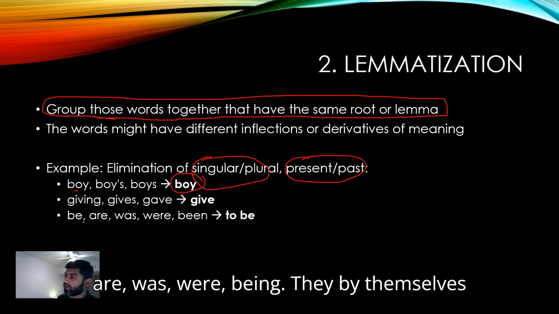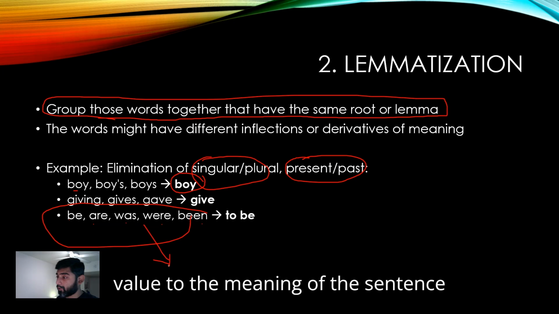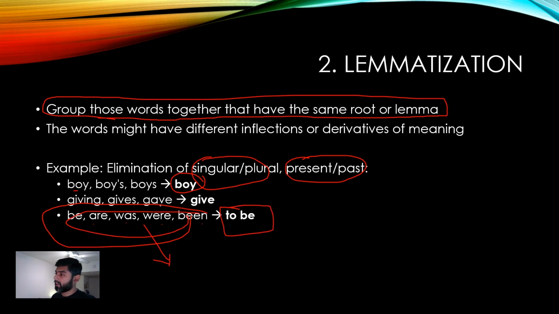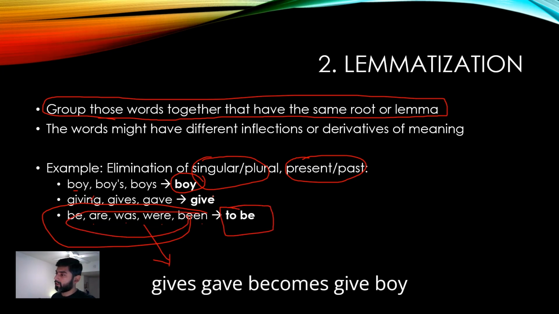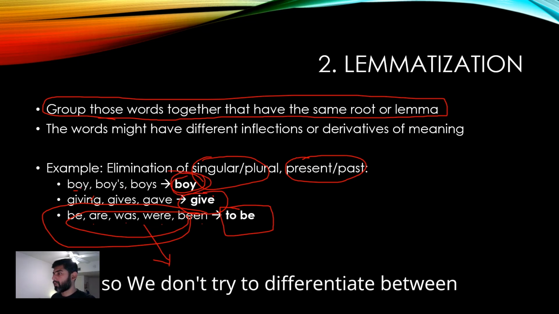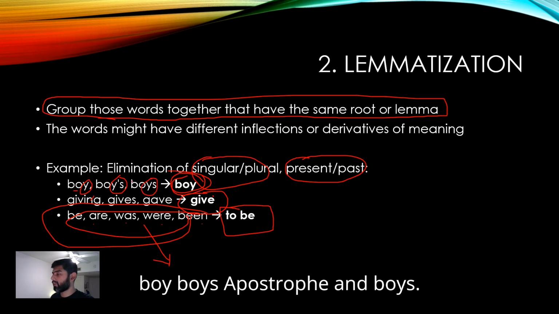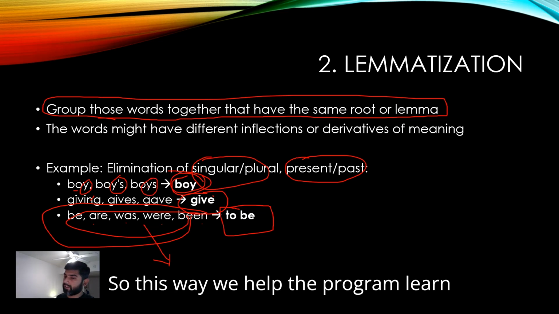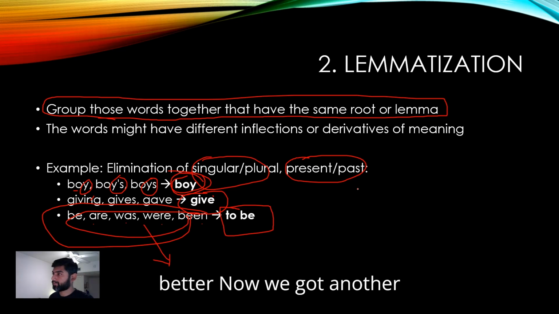For example, be, are, was, were, been by themselves don't add any value to the meaning of the sentence. Giving, gives, gave becomes give. Boy, boys, boys' becomes boy. So we don't try to differentiate between boy, boys, and boys', and this way we help the program learn better.